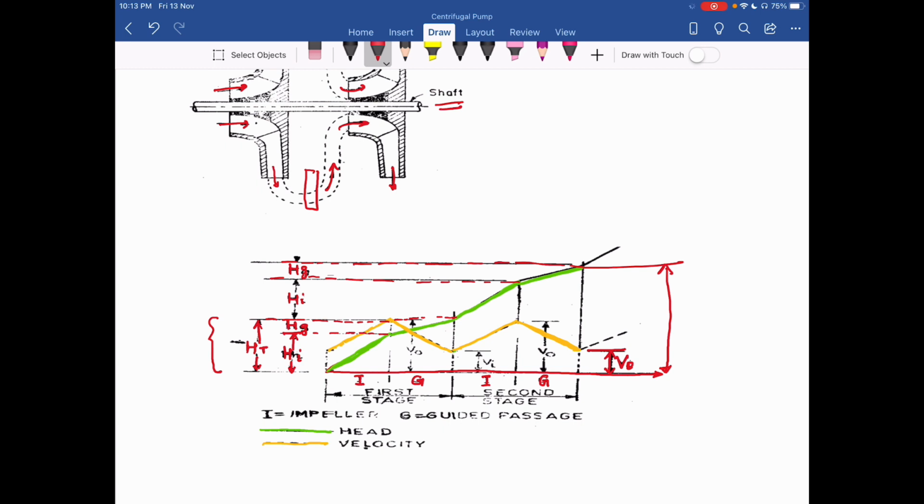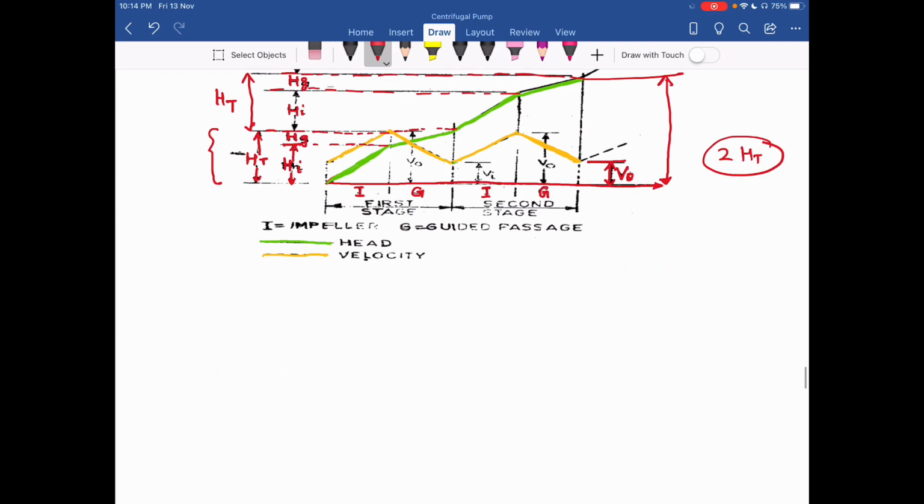Okay, so this is my another HT, head gain in the second stage. So here the total head gain is 2 times HT. So this is my multi-stage pump. So in case of a multi-stage pump, now you can write the total head gain.